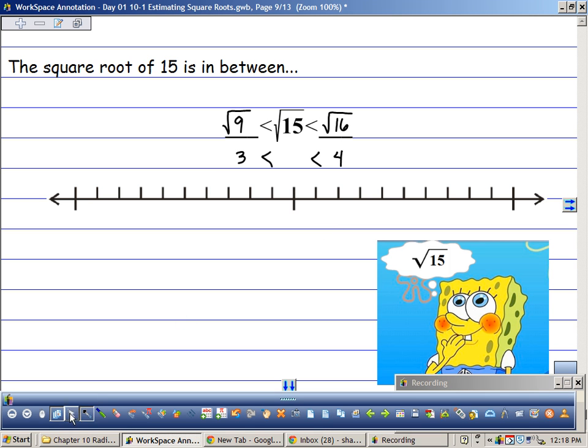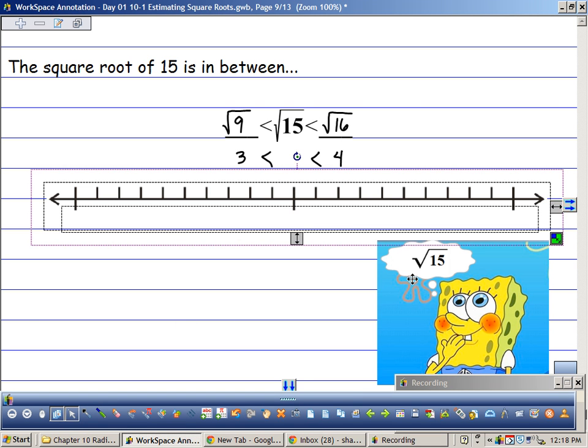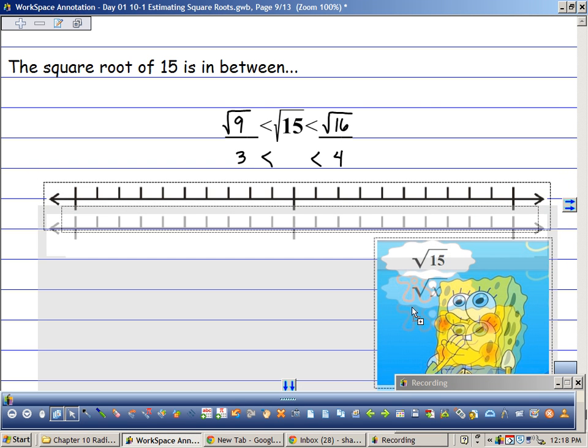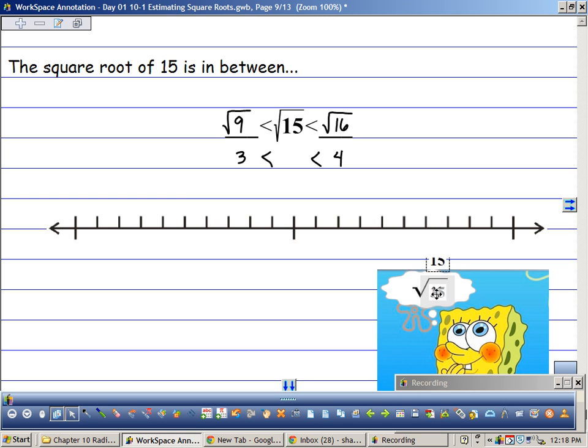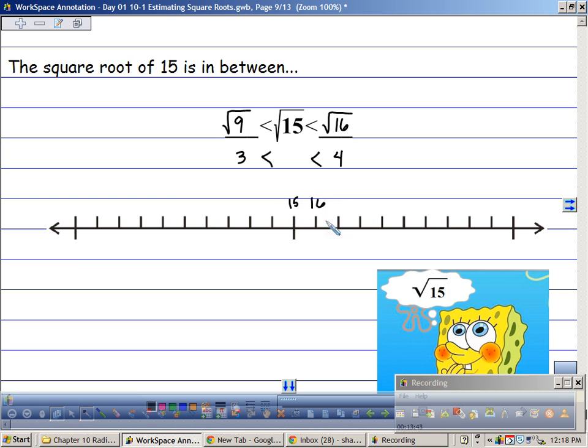Let's check it out. Let's move this down a little bit. I covered it up with a 15. So if this was 15, and this is 16, and this is 14, 13, 12, 11, wow, it's quite further away from 9 than it is 16.